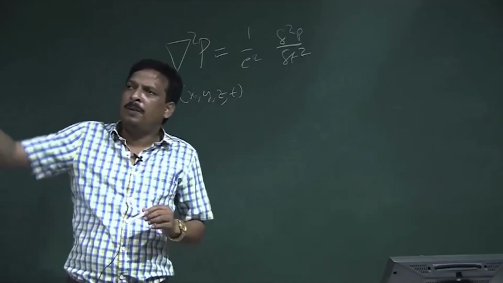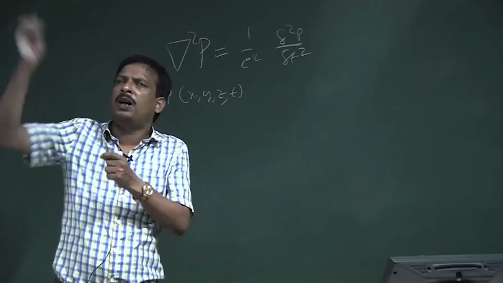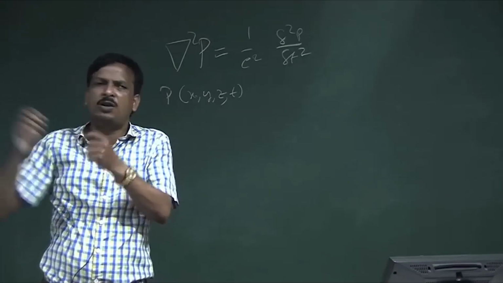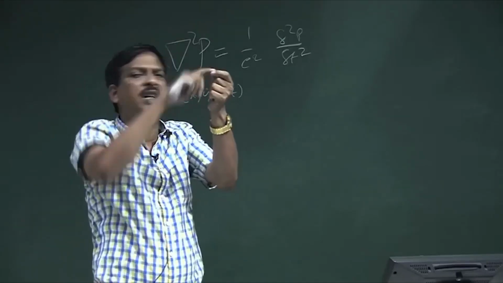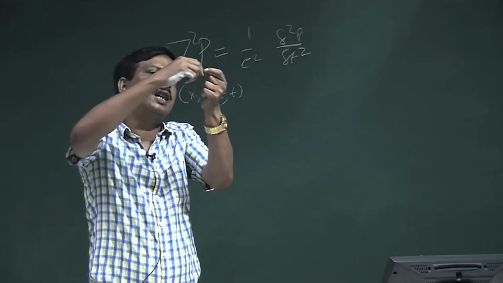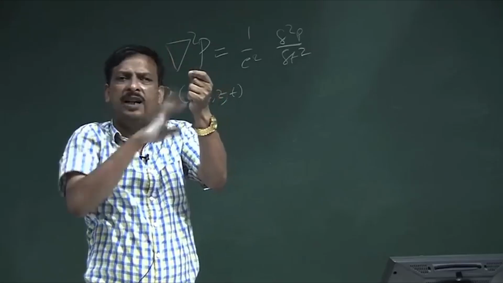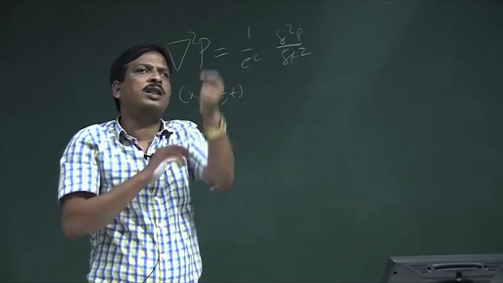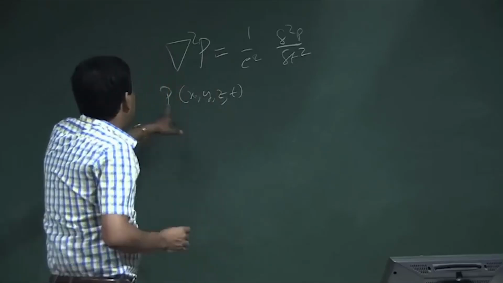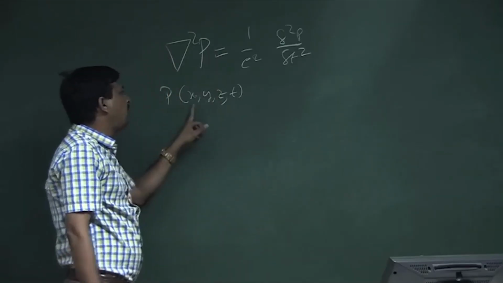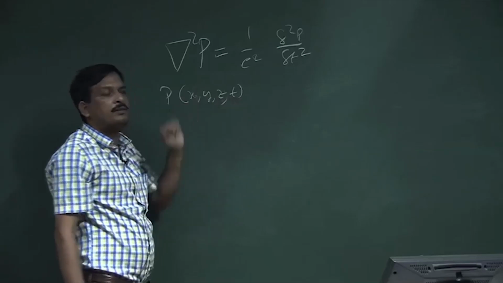When a plane wave is propagated, it is free to propagate in any direction. Suppose in this room I create an acoustic sound. This sound can propagate in any direction in the room, so it can propagate in x, y and z, and once it propagates, it is with respect to time. Okay. So the pressure wave is a function of x, y, z and t.